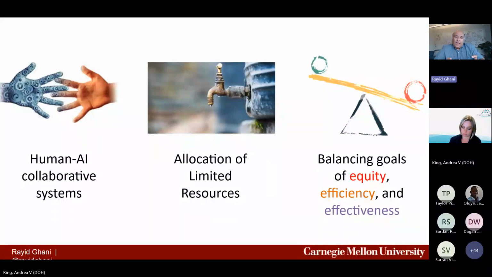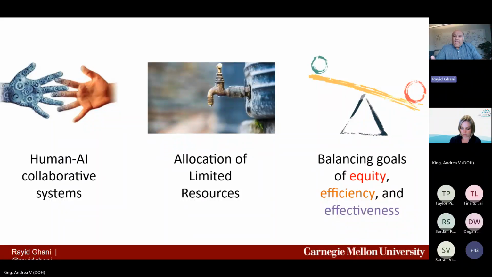That's where a lot of issues come in when using machine learning and AI, if you design a system to be efficient, which means I have this much money, maximize the number of people you can help with it. Well, these AI tools, if you tell them to do that, the only thing they can do is help the people who are cheapest or easiest to help, because that's what you asked for.